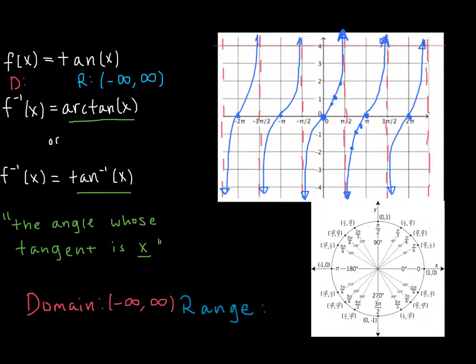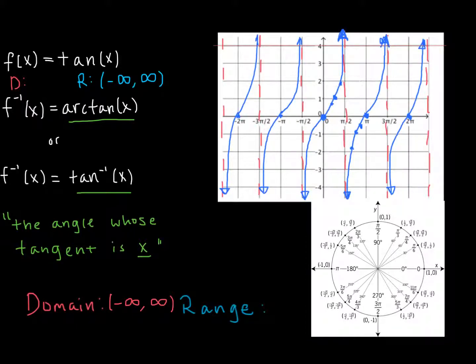Any place where our terminal ray is going to be perfectly vertical will have an undefined tangent. That creates this funky looking graph, and you can imagine that when we reflect this graph over the line y equals x, we're going to have something that looks really crazy, with all these overlapping swale-like designs.